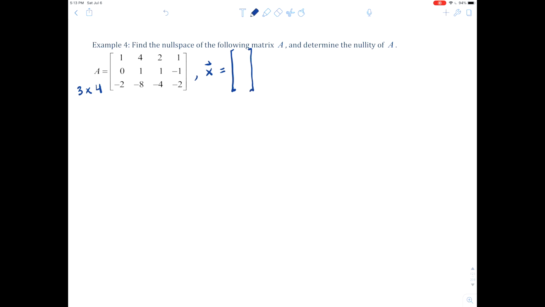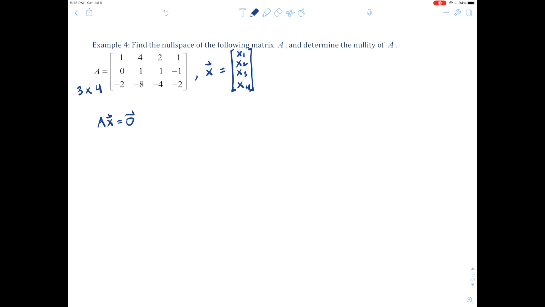And why don't we just call x, x1, x2, x3, and x4? Cool, cool? And we're working with the equation A times x is equal to the 0 vector, right? So how do we do that one?